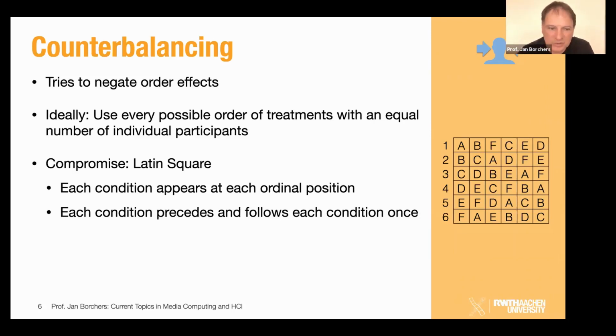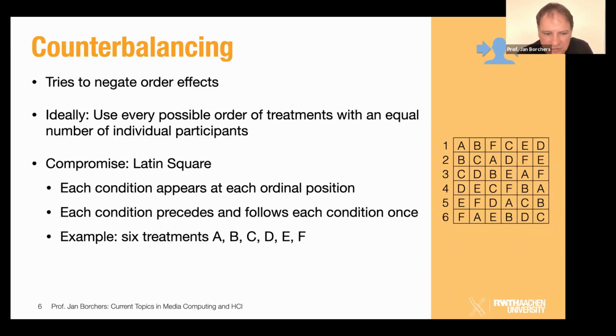So for this Latin square, what you get as an effect is that with 6 different conditions, for example, as we have in this example here, we only get 6 different orders. And if we do all these 6 different orderings, then what we actually end up with is that each of the 6 letters will follow and precede each other letter exactly once in these sequences.